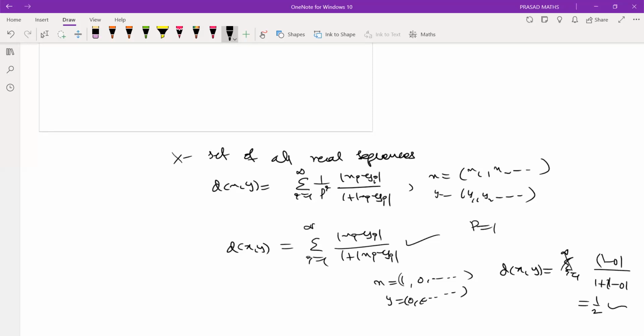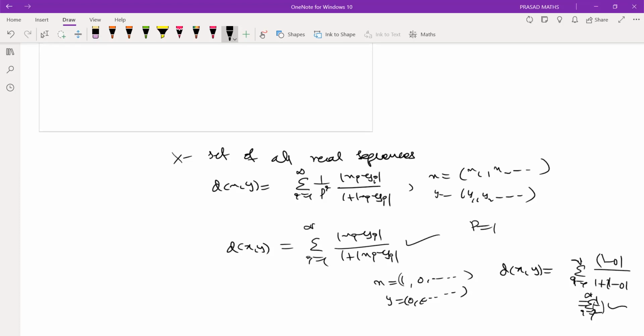For p equals to 1, the idea is that this series is not convergent. If you take the series as it is, summation i equals 1 to infinity, it is not convergent because the nth term doesn't converge to 0.